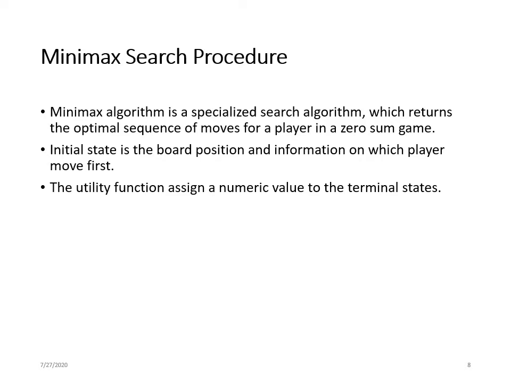The ending state is called the terminal state. The utility function assigns a numeric value to the terminal states. For example, if the options are win, loss or draw, the terminal value will be +1, -1 or 0 respectively. These states and legal moves form the game search tree.